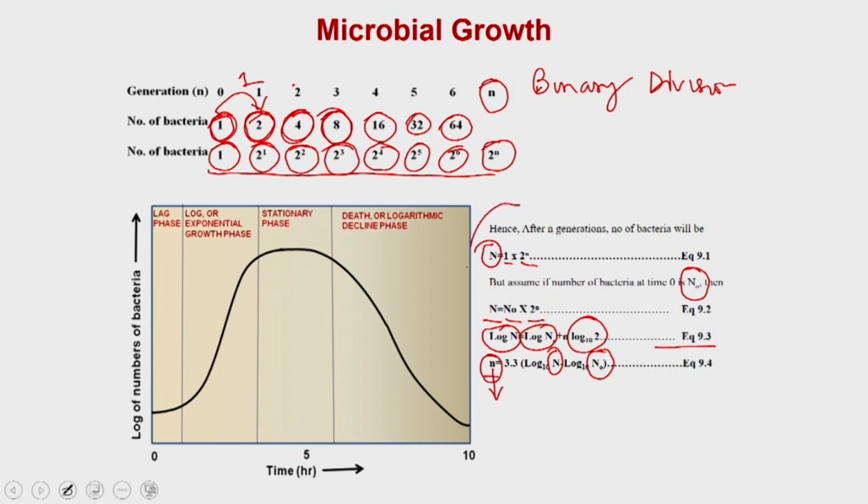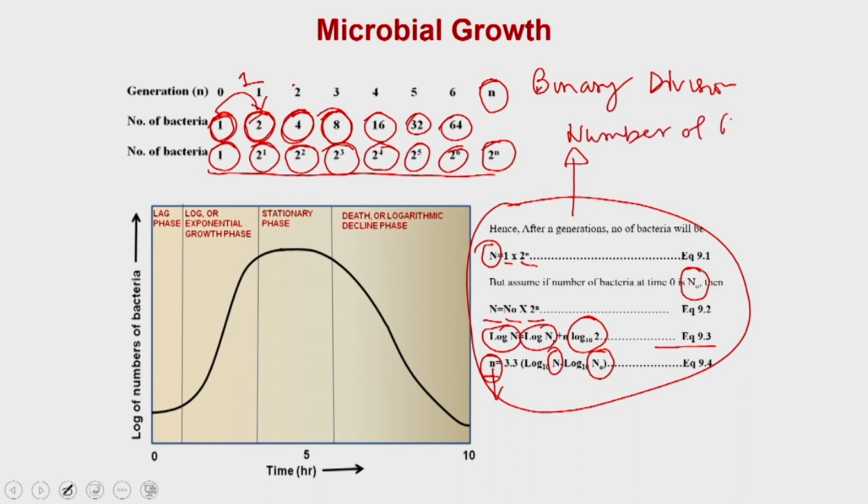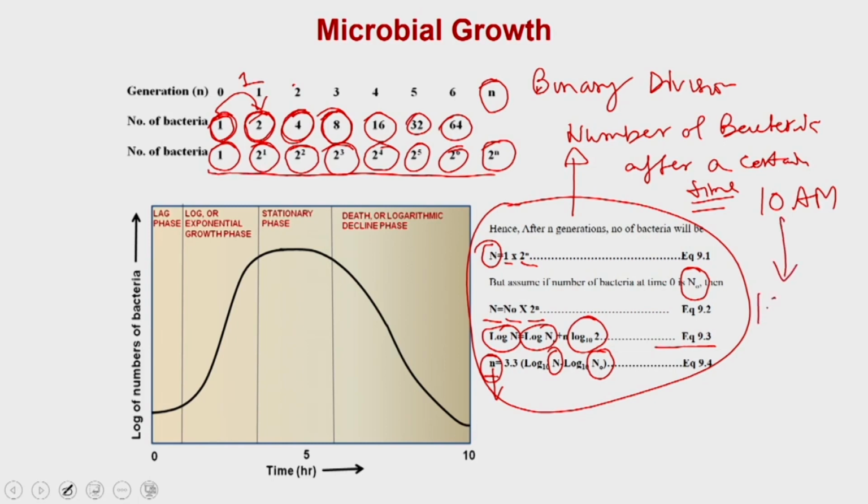What is the application of this particular kind of equation? This equation allows you to calculate the number of bacteria after a certain time. For example, if I have inoculated a bacterium at 10 a.m. in the morning, and I want to know how many bacteria will be there when I take out the media at 10 p.m., which means 12 hours.